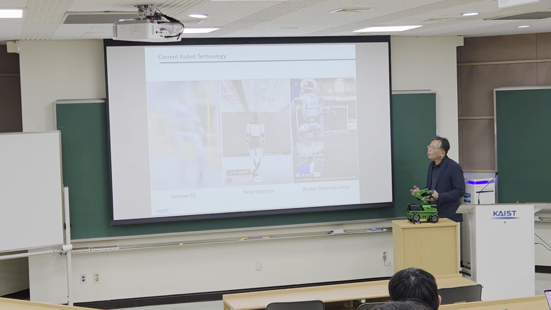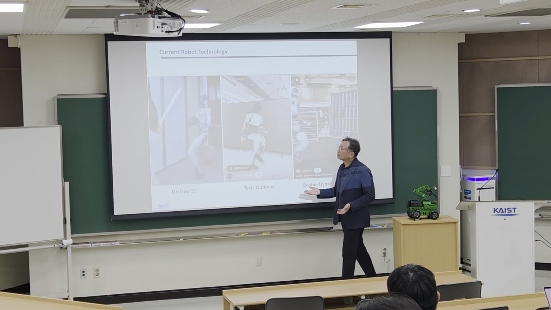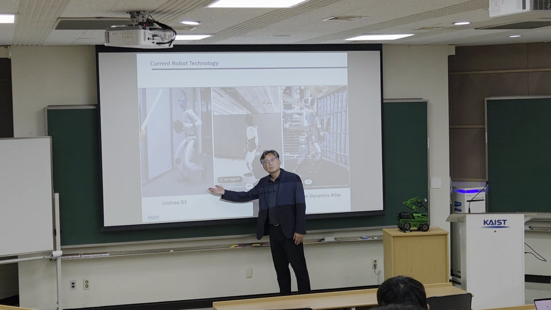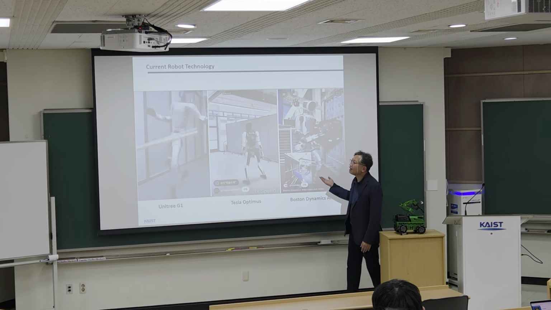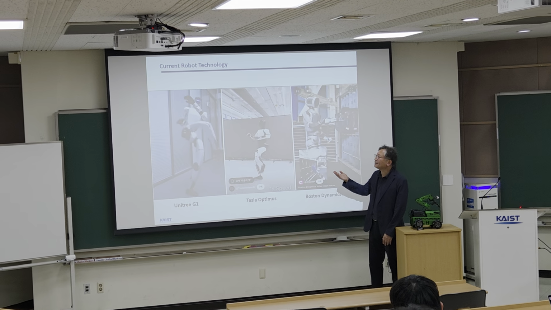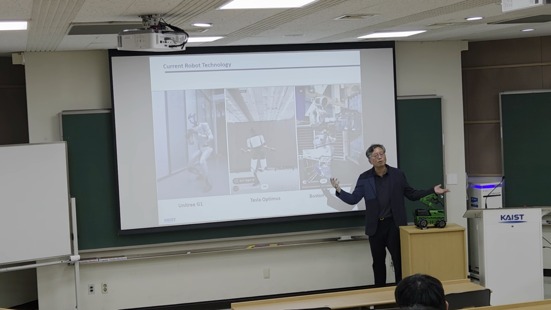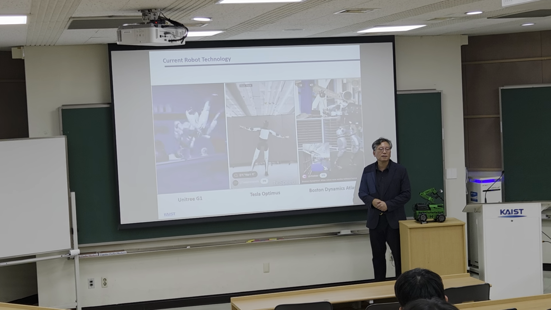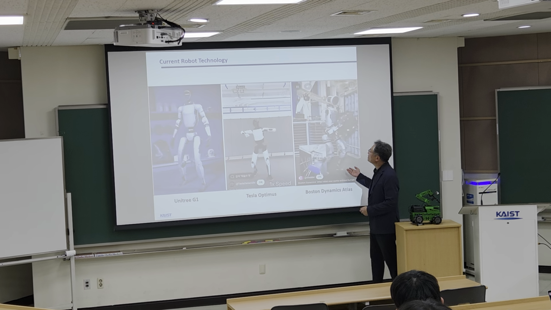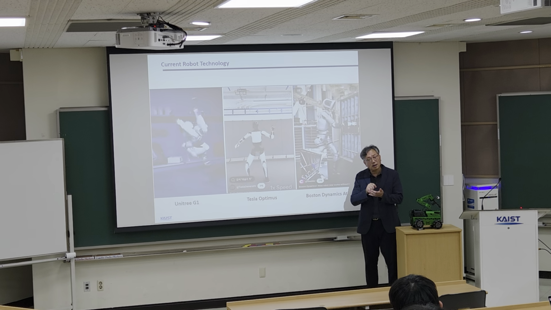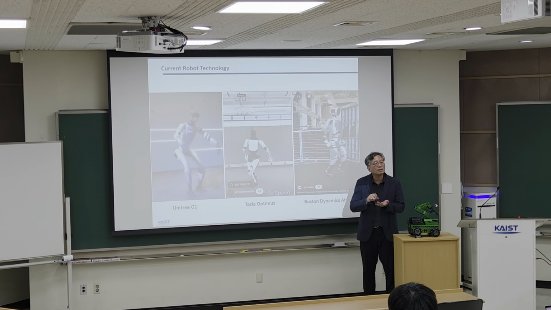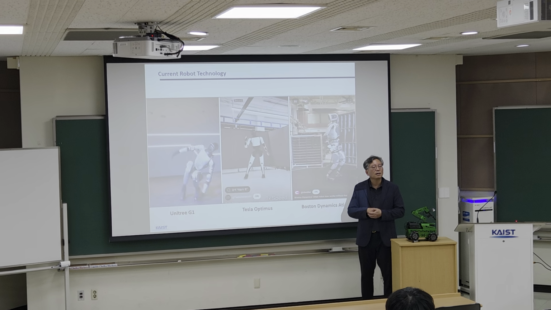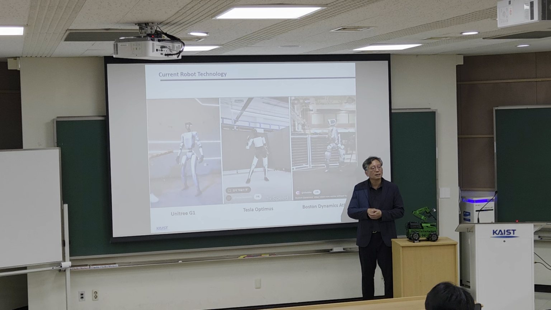So, robots, where are we with robots? Humanoid robots are available right now. You could buy these things, and they could dance, they could perform various things. And most of these things are based on human manipulation. There's someone controlling these robots in the back.